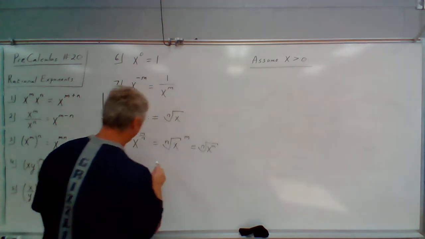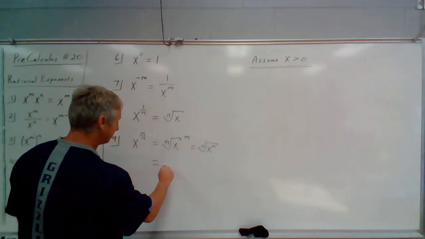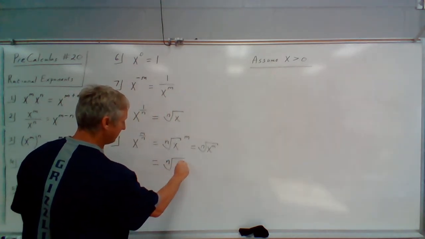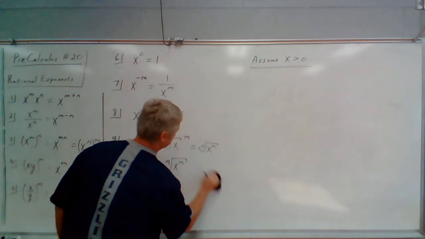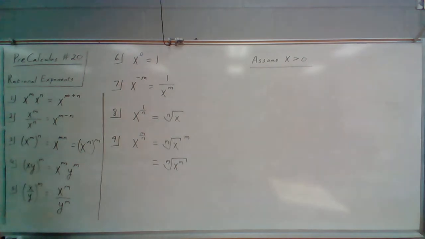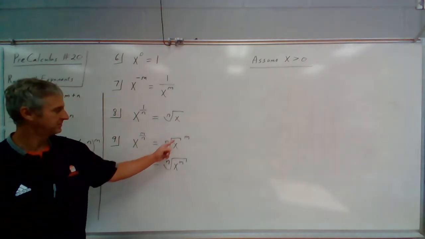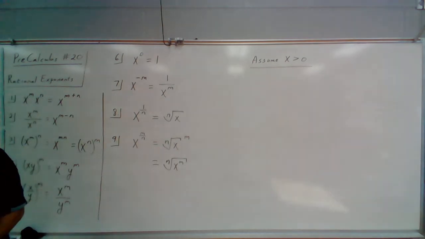And just for more room on our board, I'm going to write that underneath here. So that's the nth root of x to the m on the inside of the radical. Sometimes it's useful to write it like this, sometimes it's useful to write it like that, but they are the same thing as long as x is a positive number.